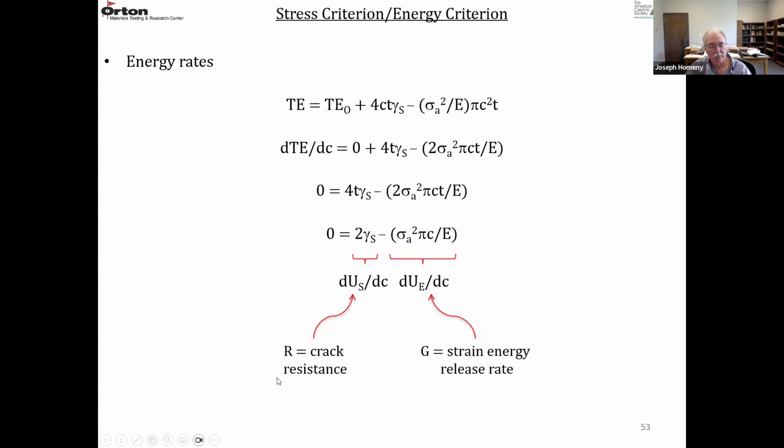So the higher the R value, the harder it is to propagate a crack, the better the thermal shock resistance. And in thermal shock resistant materials, we have what's known as a rising R curve. So as the crack grows, the crack resistance increases, the R value increases.